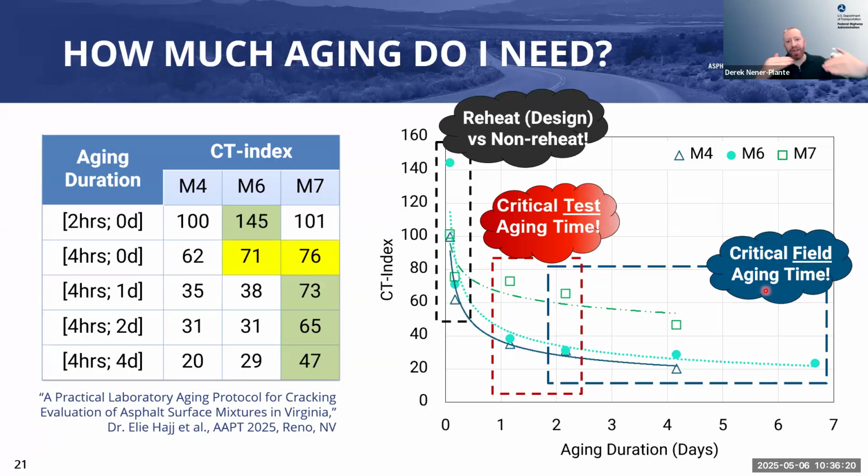And I guess just to think of that as a concept, we don't necessarily have to do aging to a point where it's 15 years old, but we have to do enough to get past the volatility of the data and the unpredictableness of that initial data point to get to a point where it is predictable. So let's think of that as a concept when considering this. We are never going to fully simulate what happens in the field, right? But we want to try and predict it as accurately as possible.